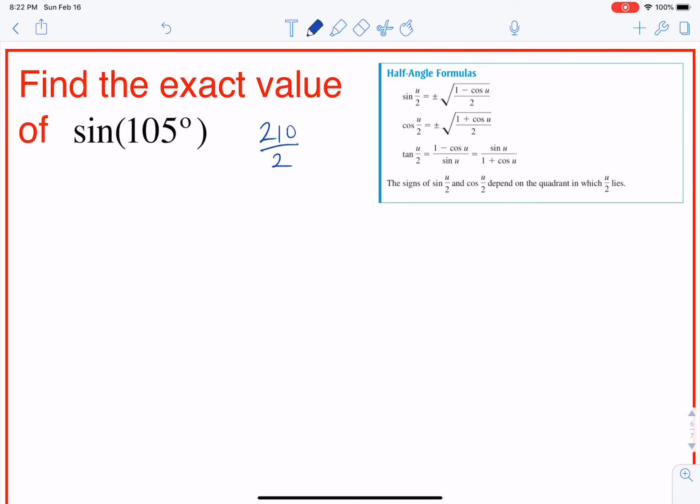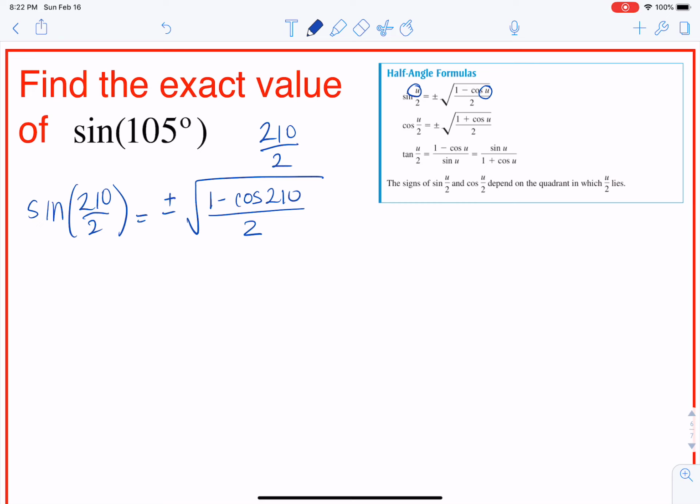210 divided by 2. So I know that sine of 210 divided by 2 is going to give me plus or minus the square root of 1 minus cosine. And you'll notice this u matches over here, so I'm looking for cosine of 210 all over 2. And then we can go ahead and evaluate here.